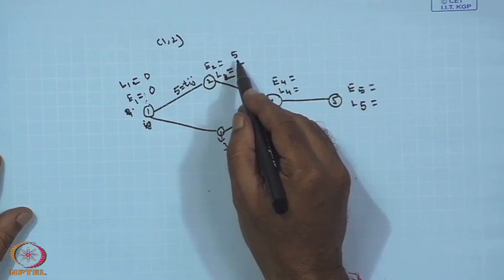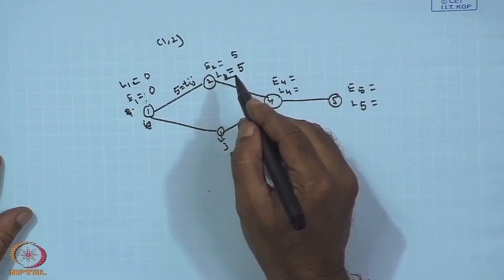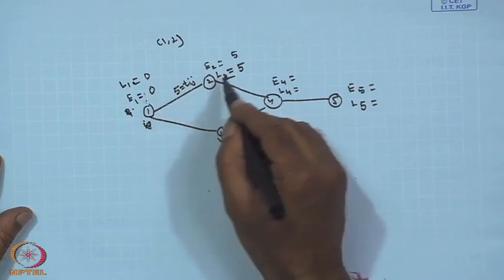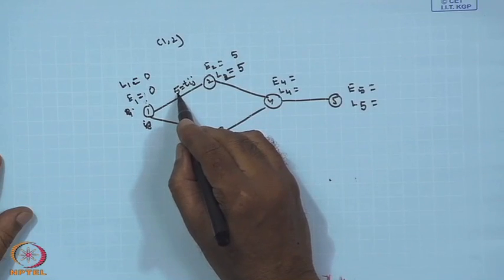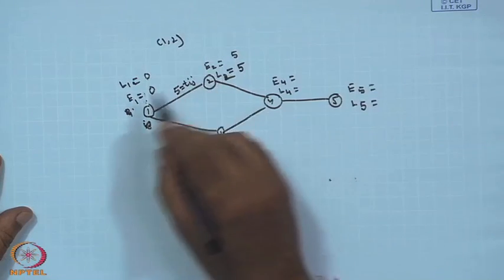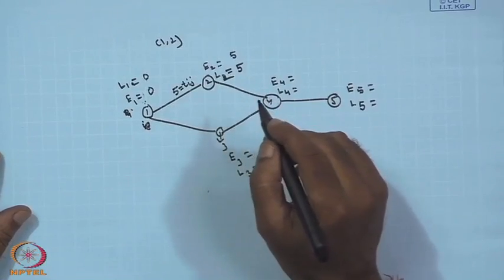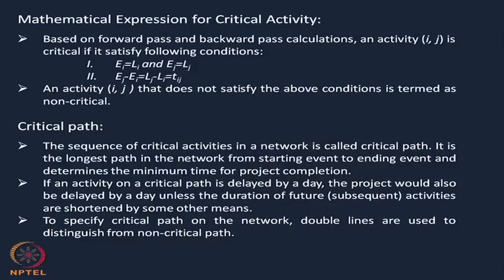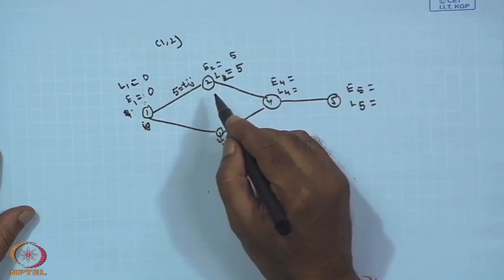That is E2 minus E1, that is 5 minus 0, 5. Then L2 minus L1, that is Lj minus Li, is also 5 minus 0, 5, that equals Tij. Tij here is 5. So, if these values are matching, then this activity ij, or 1, 2, we call the critical activity.